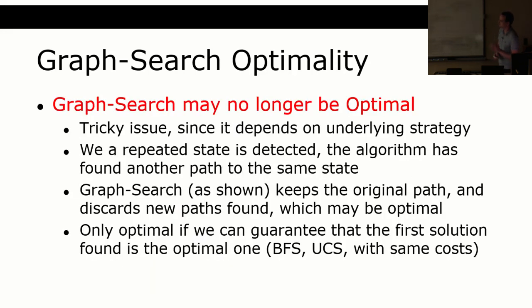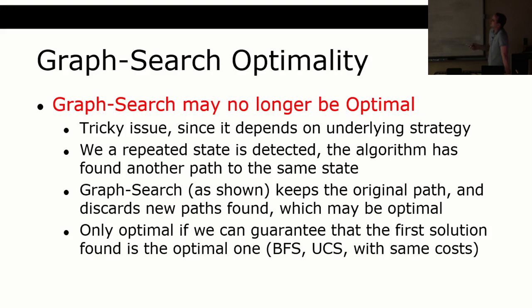However, graph search may no longer be optimal. Whereas if you had an optimal solution before, this one may no longer be optimal. It is a very tricky thing to describe because it depends on the underlying algorithm. Once we get into the A-star algorithm, I'll be revisiting this issue.